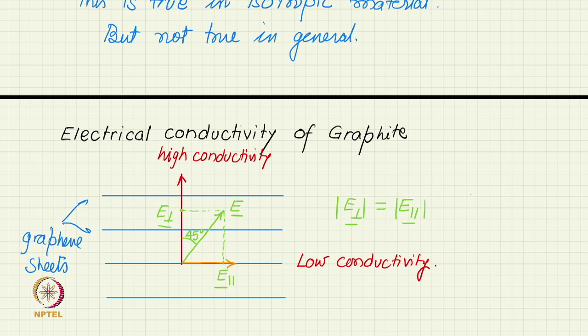So, these magnitudes are equal, but since the conductivity is low, it will give a small current in the direction of the basal plane. The same field will generate a small current. So, let me represent that by J parallel.